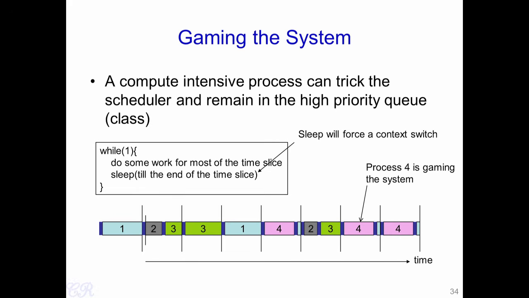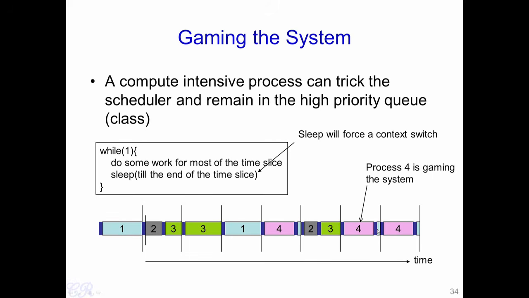Therefore, what is going to happen is that a new process will execute for the remainder of the time slice. Thus, for the entire time slice, for instance over here, process 4, which is a malicious process, would run for most of the time slice, and then just before the time slice completes, it goes to sleep, thus forcing another process to execute. So, process 1 will now execute for just a small duration. At the end of the time slice, the scheduler is going to see that process 1 has completed the time slice.